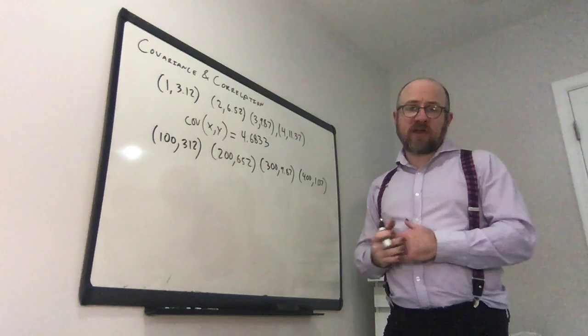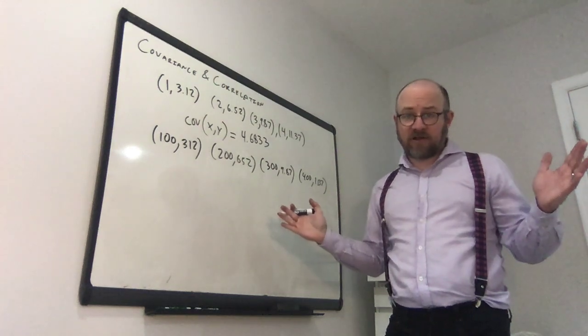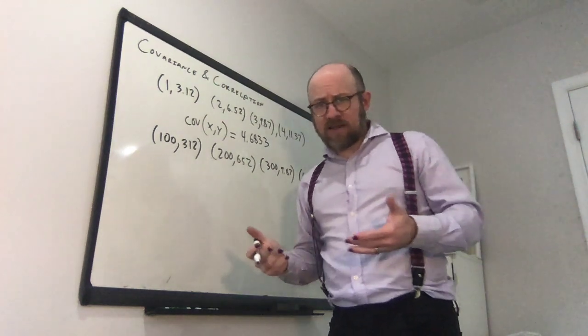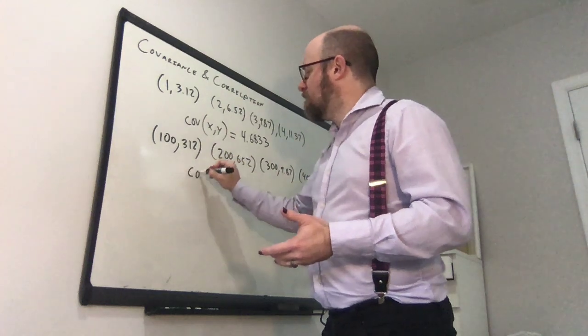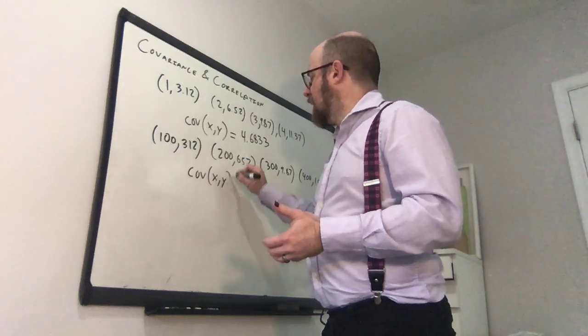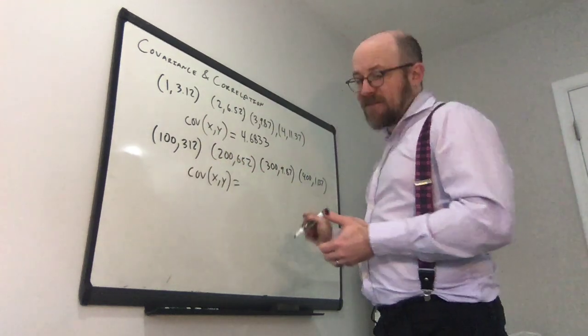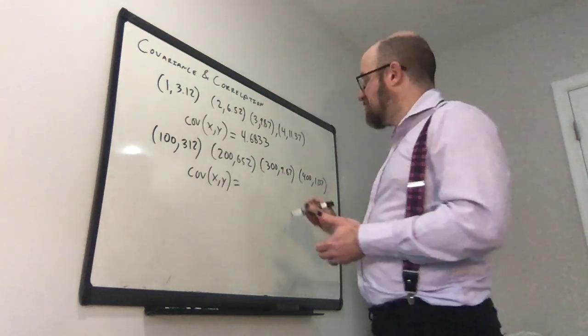If you graph the points, everything's just been scaled up by 100. They're not any more linear than each other, but the covariance has increased by a factor of 10,000.